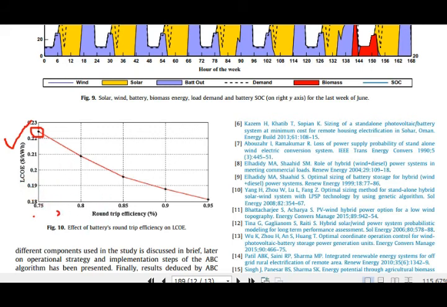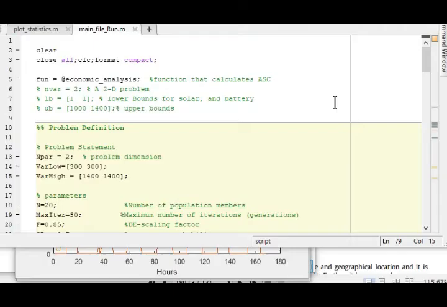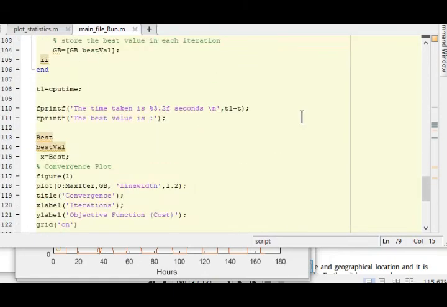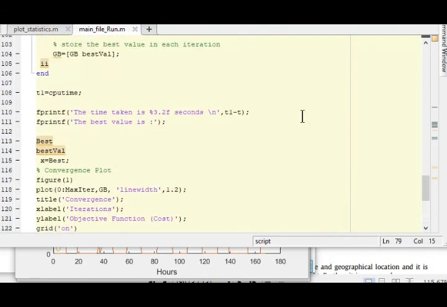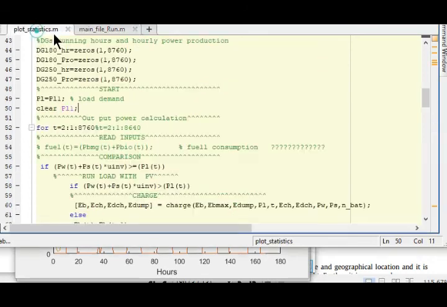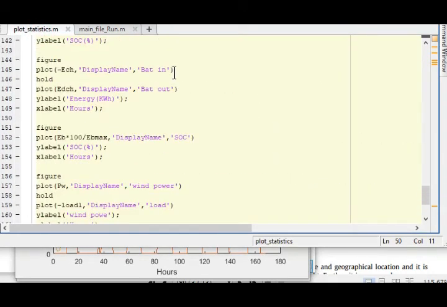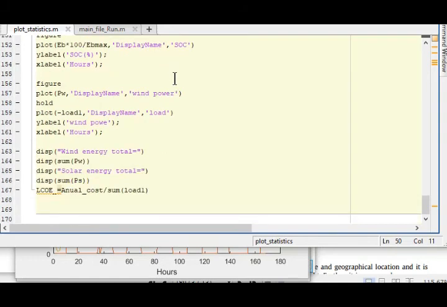We will analyze it, and for the last, just to give an overview, let's have a look at our code. This is the differential evolution algorithm code that we have developed for the hybrid energy system design, and this is the plotting section of our hybrid renewable systems.